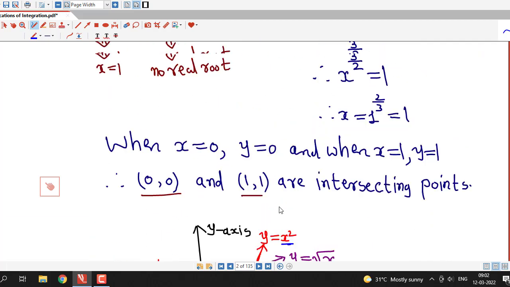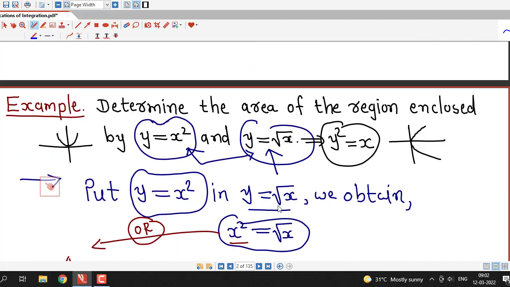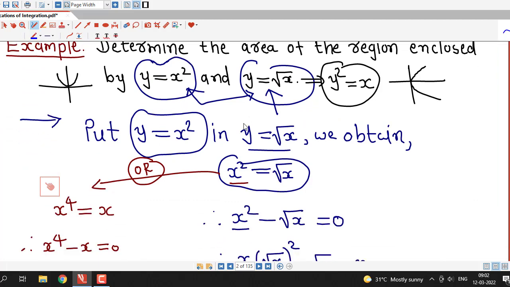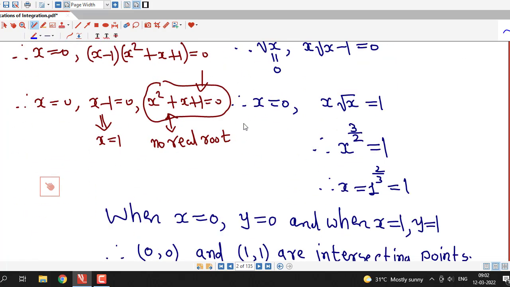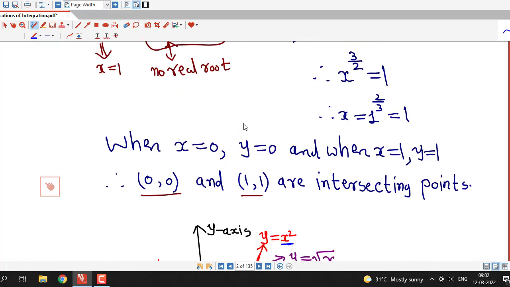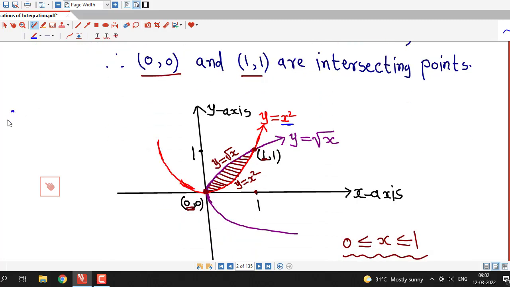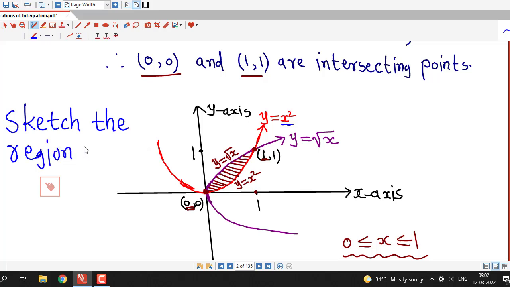So in this way we can easily find out area between two curves. We just have to remember that we first find out the intersecting points of given curves. That is the first step we will consider. Find intersecting points of given curves. Second step is sketch the region enclosed by given curves, or sketch the region bounded by given curves.